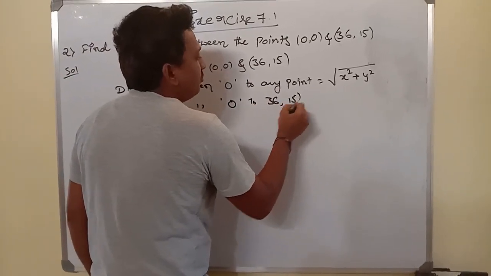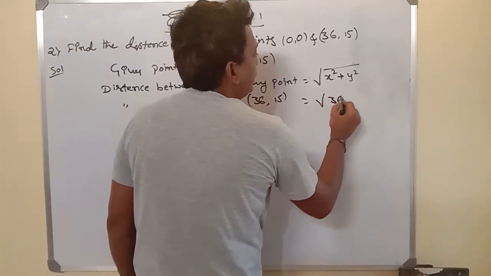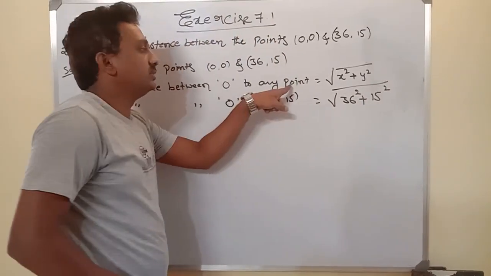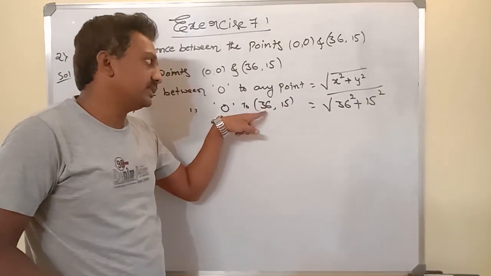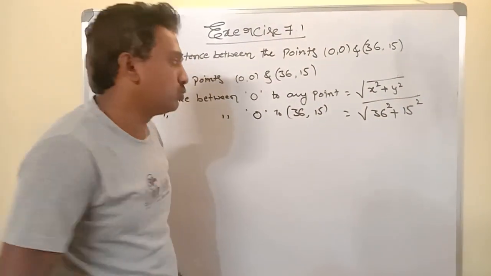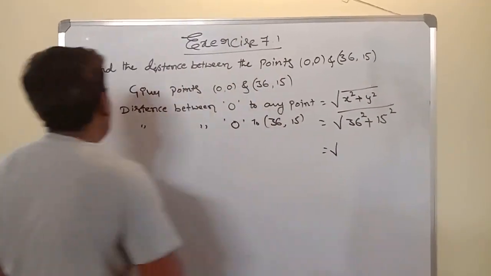So now the distance between the origin and (36, 15) equals the square root of 36 square plus 15 square. This is any point that you have to take as (x, y). Like this is (36, 15). So the square root of 36 square plus 15 square equals the square root of 36 into 36.